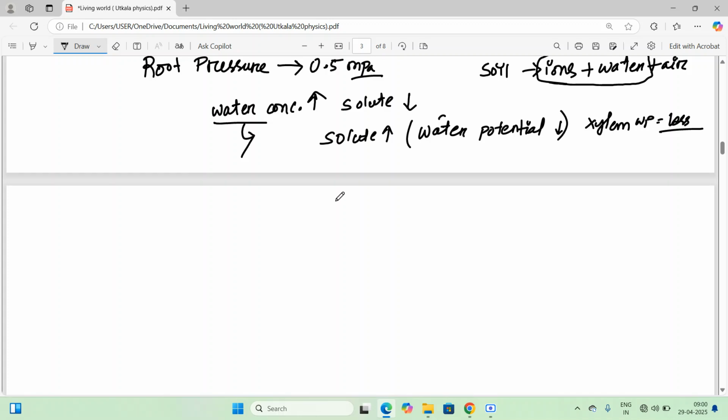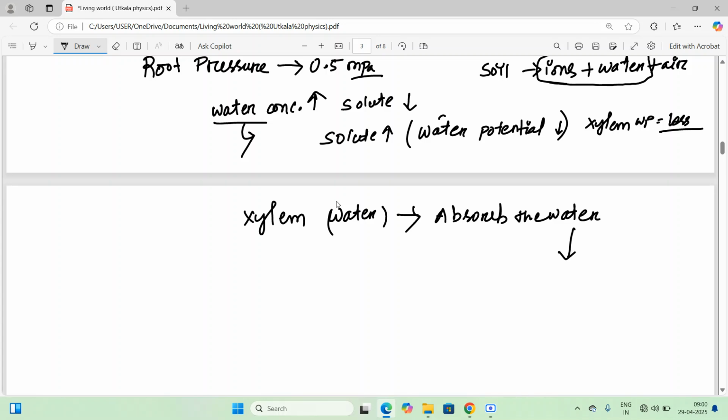If the xylem requires water, then it will absorb the water. Then, if absorption is required, positive hydrostatic pressure will arise. This is the story.